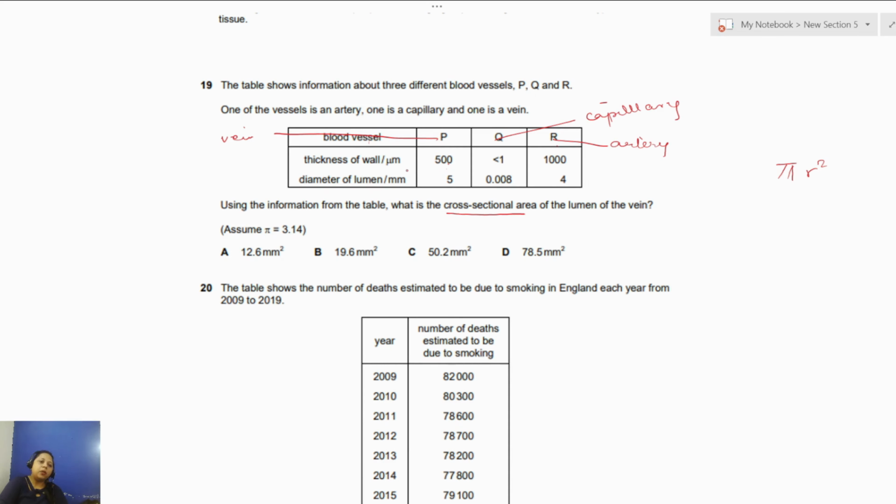Okay, put in the values. How do you find R? D by 2 is R. How to find radius? Radius is half of diameter, right? Yes. 2.5.